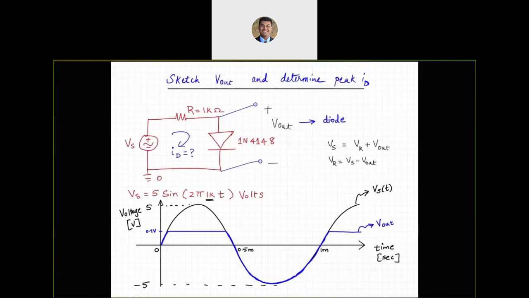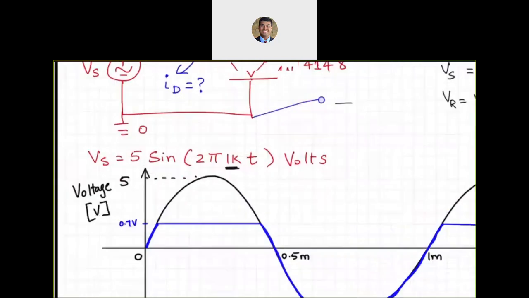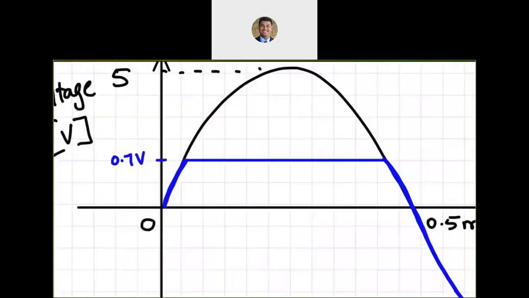So if I were to subtract the blue line from the black line here, I should be able to draw VR. So let's do VR in red, for example. For the first few seconds where the voltage across the diode is rising from 0 to 0.7, the value is going to be 0 there, because they are going to both cancel out.